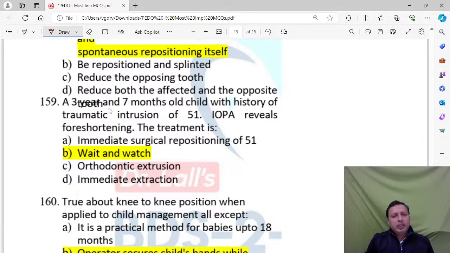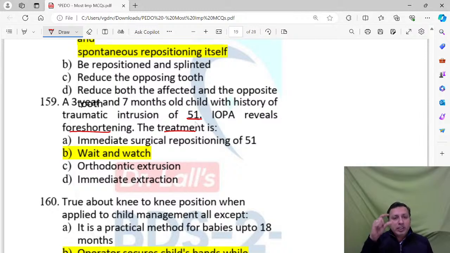The next question is a 3-year and 7-month old child with a history of traumatic intrusion of 5-1. The IOPA reveals foreshortening. Now I have told you that whenever we take a radiograph of a primary tooth in cases of intrusive luxation, we always need to confirm whether that intrusion has caused damage to the permanent tooth bud or not.